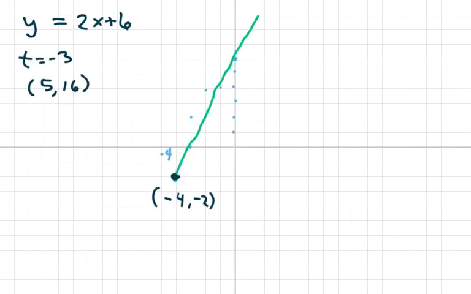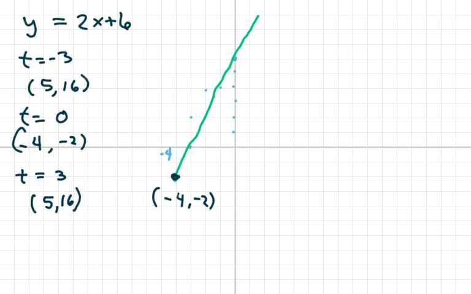And if we have t equals 0, we have negative 4, negative 2. And if t is 3, we have 5, 16.